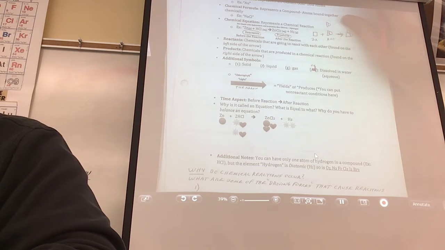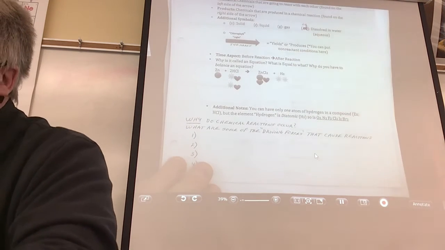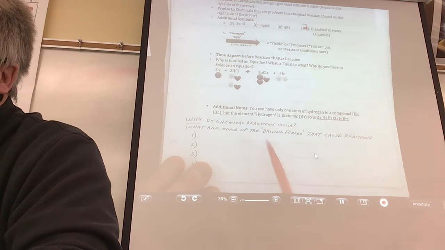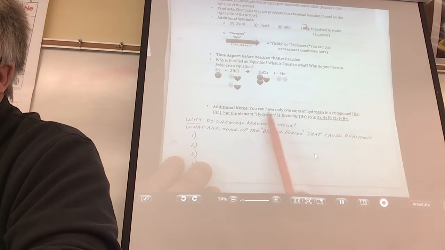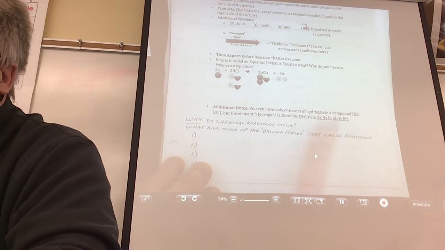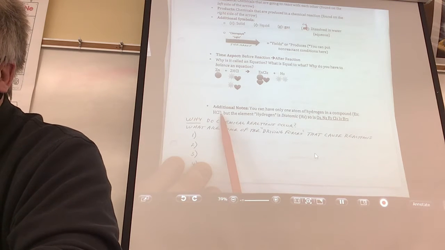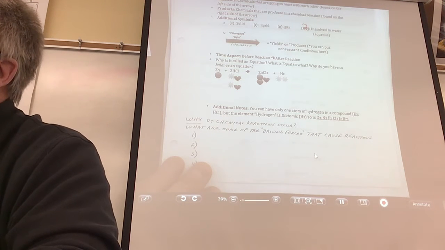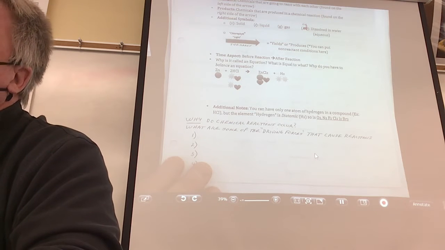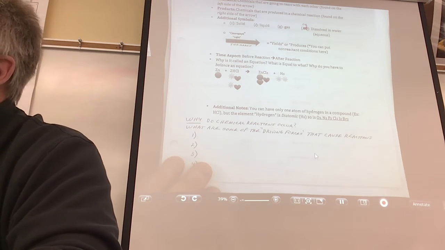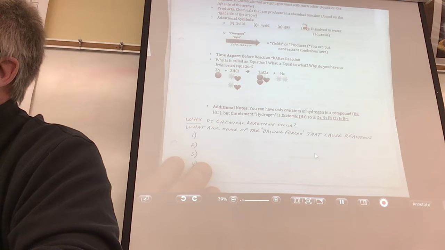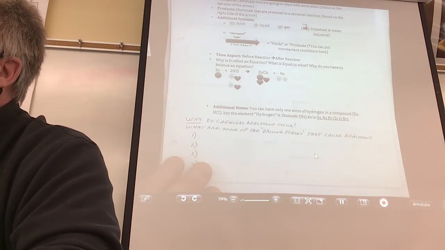Okay, now, it says here additional notes, you can have only one atom of hydrogen in a compound, for example, HCl. You can only have one. But what about hydrogen gas? What if the element hydrogen by itself, not combined with anybody else, what do you know about hydrogen gas?